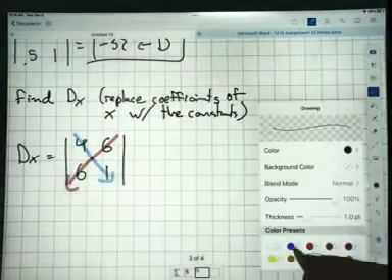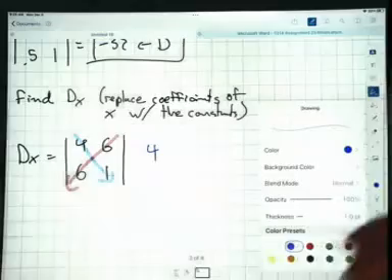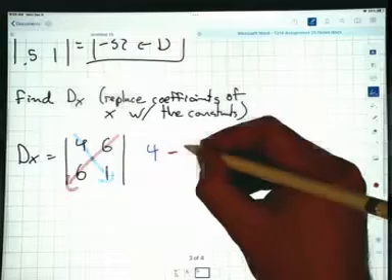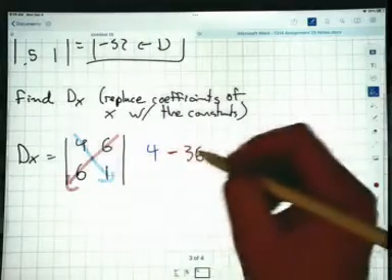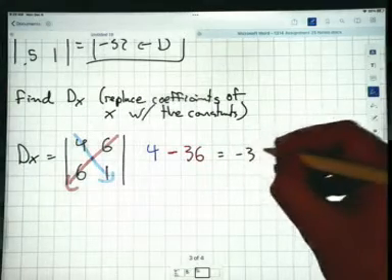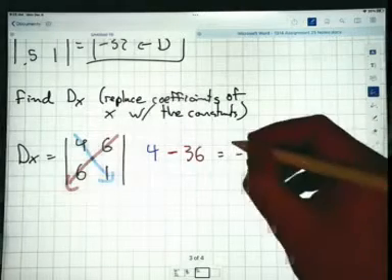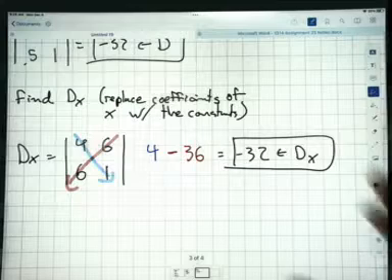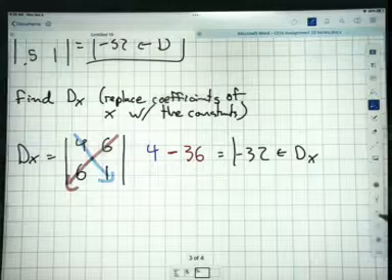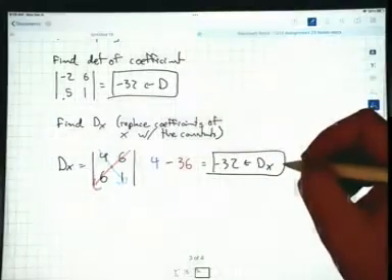So here we go. 4 times 1 is 4, minus 6 times 6 is 36. So we have 4 minus 36, that's equal to -32. This is, again, D sub x. Maybe I should be circling these rather than highlighting them. So let me just circle that. We'll just leave it boxed in.